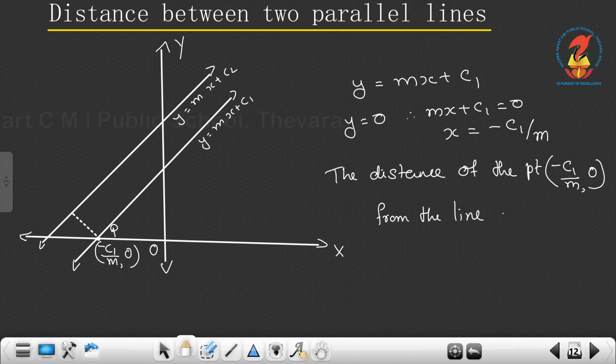What is the line? The line equation is y is equal to mx plus c2. How to find the distance? Just substitute this point for x and y in the modulus. For y we have to give 0, and this equation we can write in the standard form, that is y minus mx minus c2.